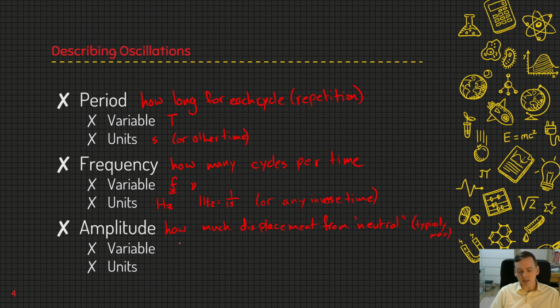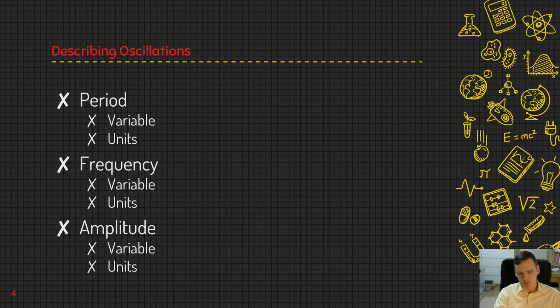So if you look at your entire cycle of motion, what's the maximum distance that it pushes or pulls compared to where the neutral or midpoint is. The variable for amplitude that we're going to use is typically capital A, and the units will be meters or other distance. It's a displacement, so anything that can measure distance is what we use. Sometimes in some edge cases you might see angles, but typically it's going to be positions.